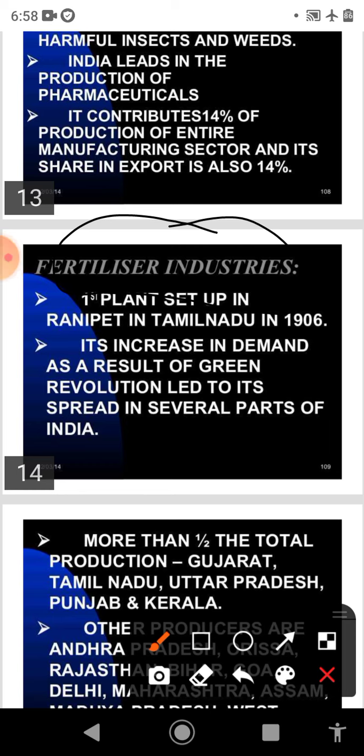Around 29 units are for urea, 9 units are for producing ammonium sulfate as a byproduct, and 68 other small units produce single superphosphate. At present there are 10 public sector undertakings, and one in the cooperative sector at Hazira in Gujarat, under the Fertilizer Corporation of India.